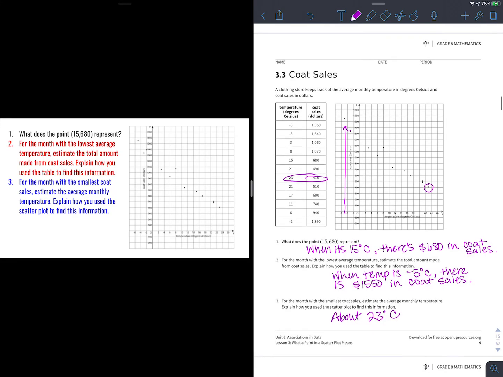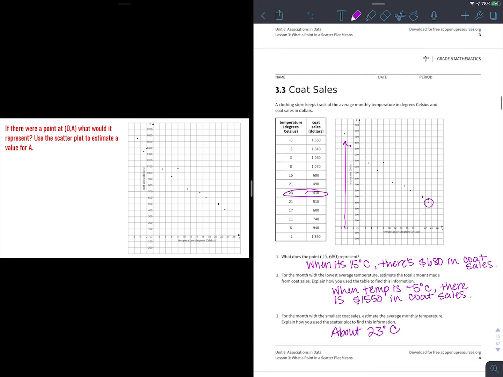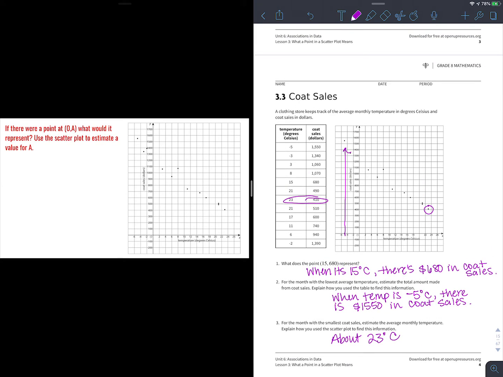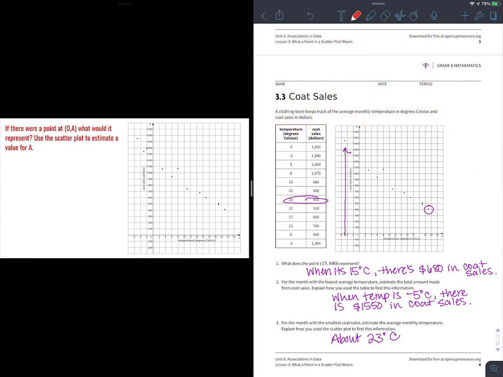And then if there were a point (0, A), what would it represent? And then use the scatter plot to estimate where it would fall. So (0, A), I'm going to use red. I'm looking at 0 on the x-axis, and then A would probably fall, honestly, somewhere around here.